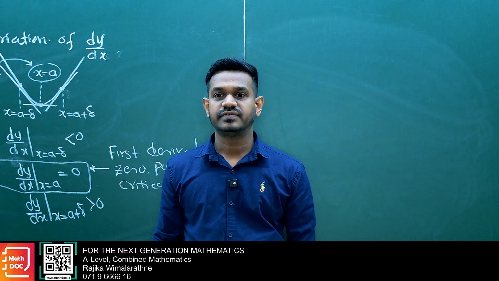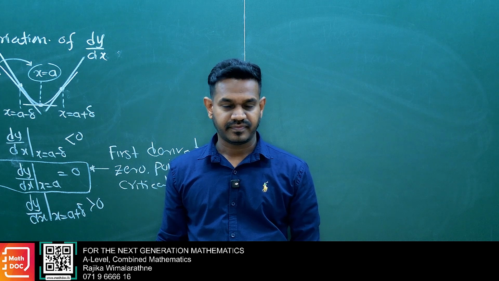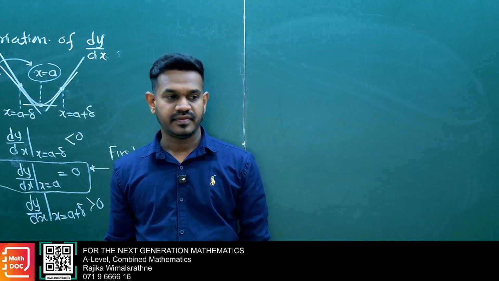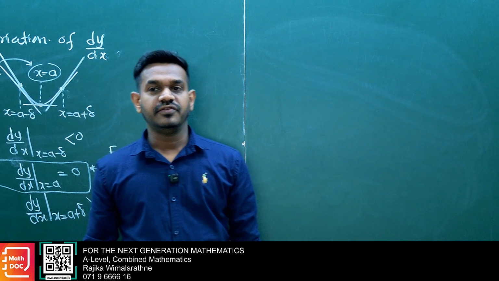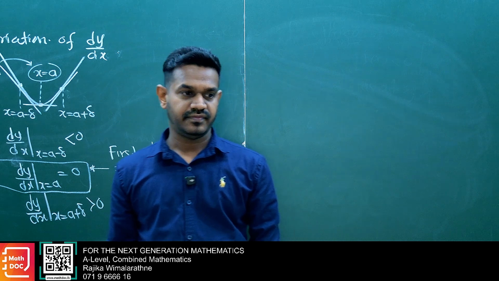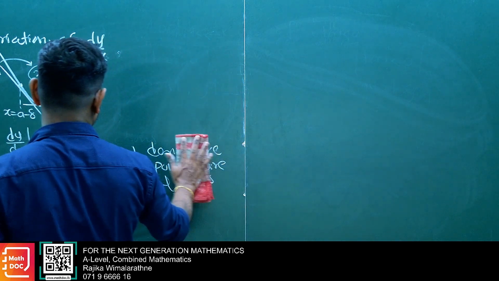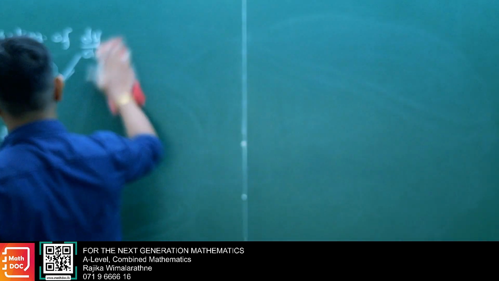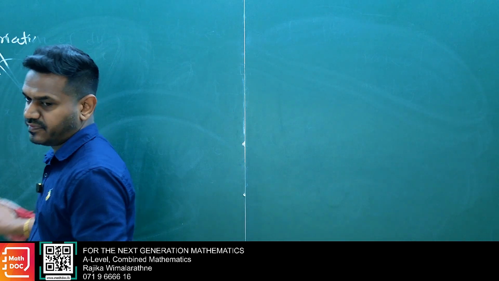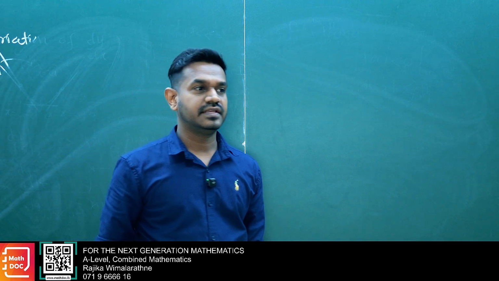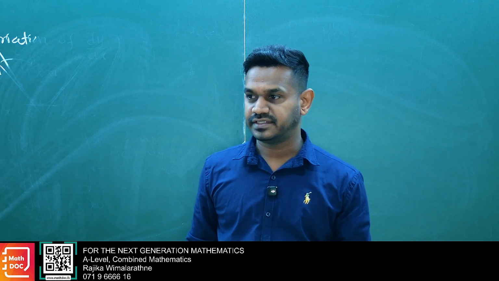Step 2. Differentiate the function. And find derivative 0 positions.